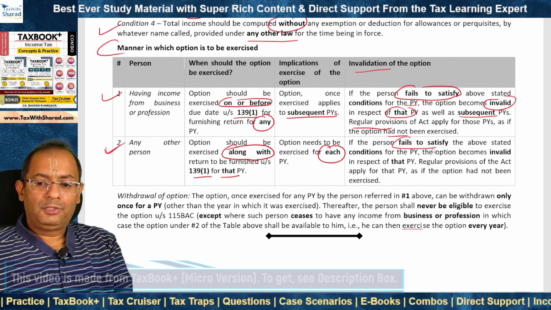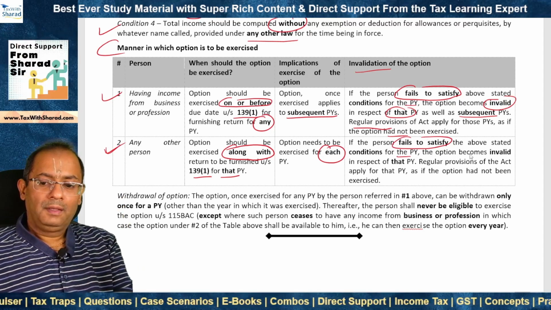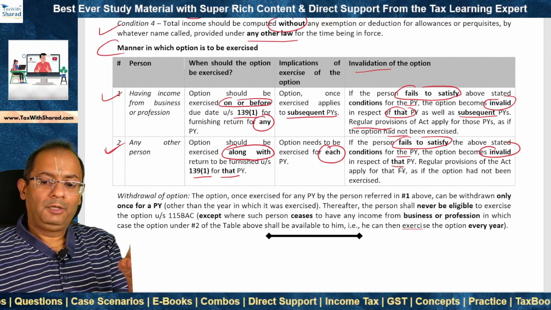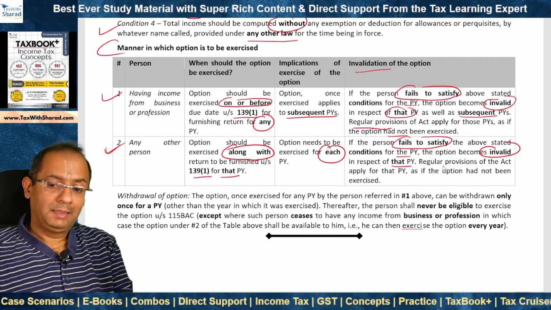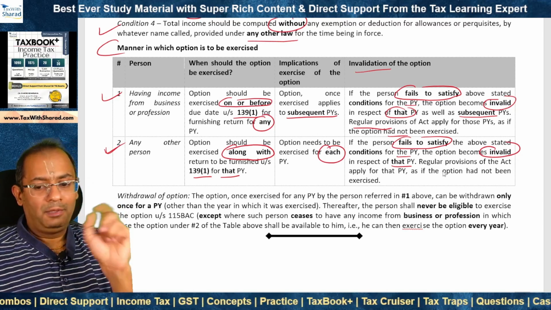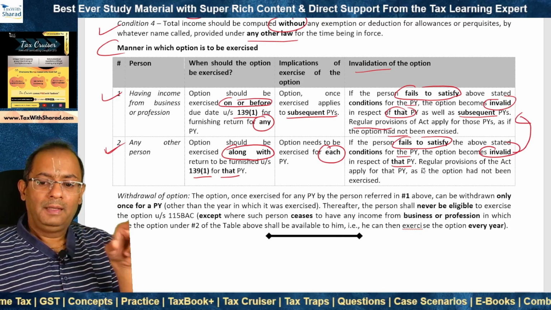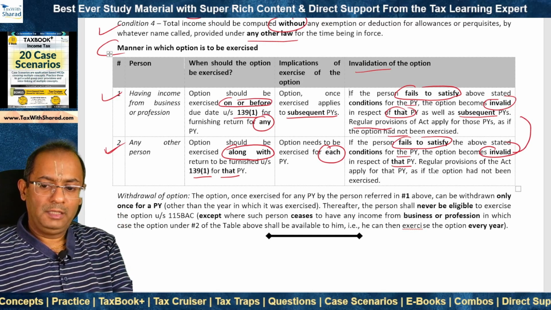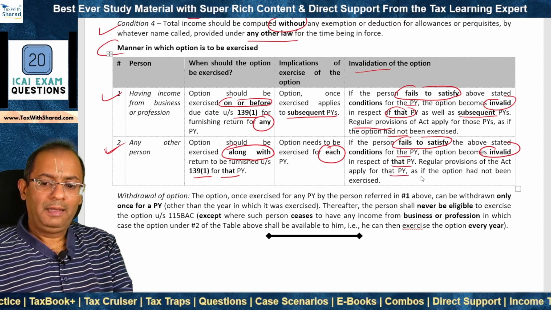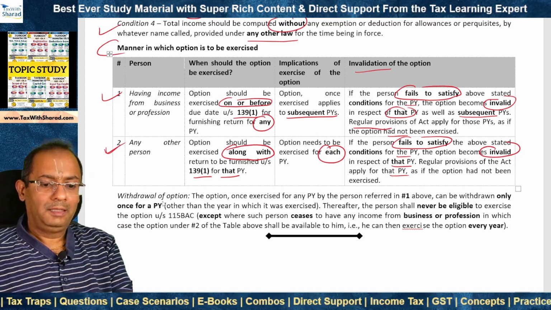If the person fails to satisfy the above stated four conditions for the previous year, the option becomes invalid in respect of that previous year for which it has been exercised. The invalidation happens for that previous year, not for the subsequent previous years, as was the case above. In such a case, the regular provisions of the Act apply for that previous year, and 115BSE concessional tax rates are not applicable.